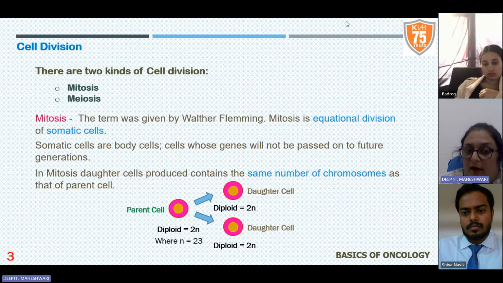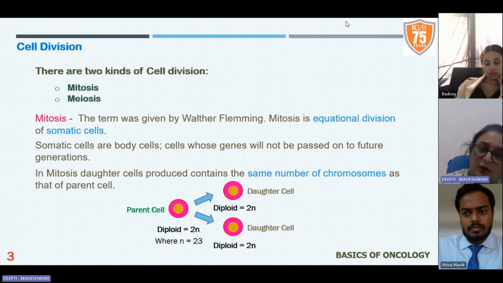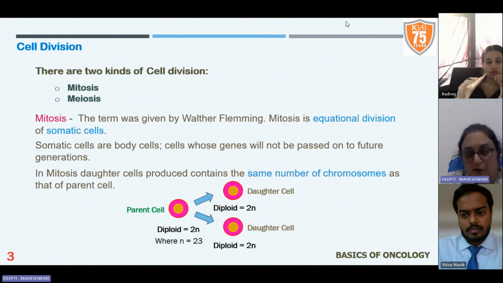What do you mean by exact replica? They are identical to the parent cell. The entire set of cell organelles that was in the parent cell, the two daughter cells have the same cell organelles. And the number of chromosomes present in the parent, that means 23 pairs of chromosomes in the parent cell, the daughter cells will also have 23 pairs of chromosomes.